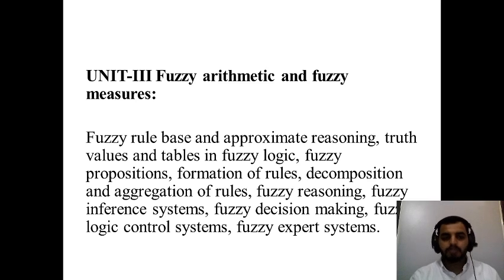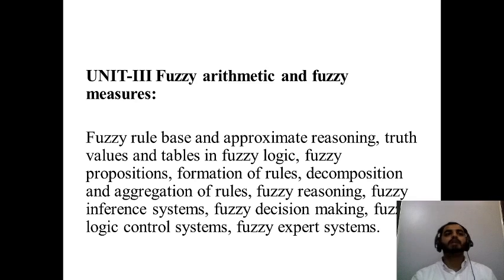Now this is all about fuzzy arithmetic and fuzzy measures. This is all that we are going to study with reference to fuzzy arithmetic and the fuzzy system in this particular unit. This was just an overview of what we are going to learn in this subject, and what we are going to achieve from it in our real life, so that we know where this can be implemented.